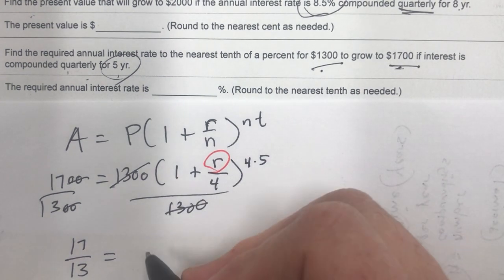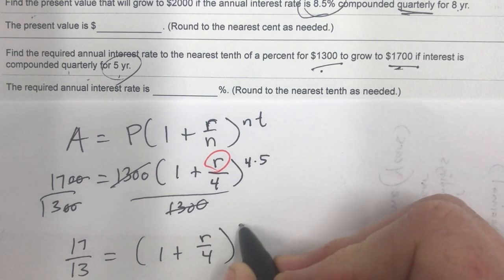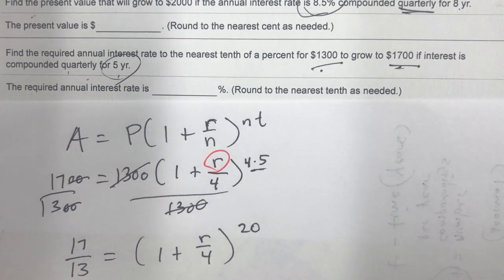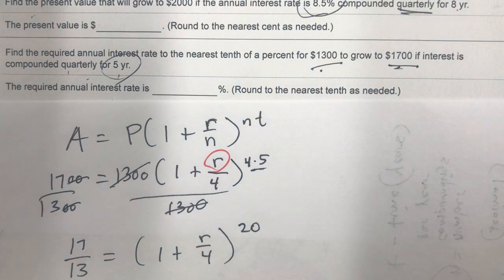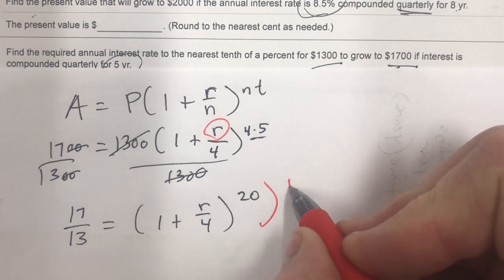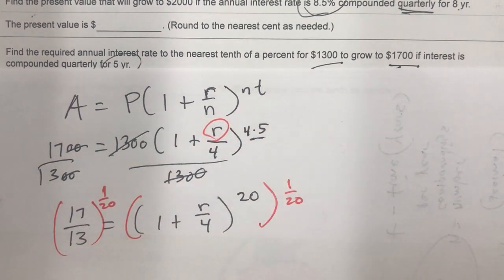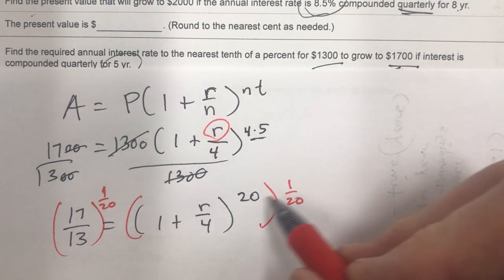Now right here, I've got 1 plus r over 4 to the 20 power. 4 times 5 is 20. Since that's the 20th power, I'm going to raise it to the 1 over 20 power, which is what we just did a while ago. So the 20 and 1 over 20 will cancel.